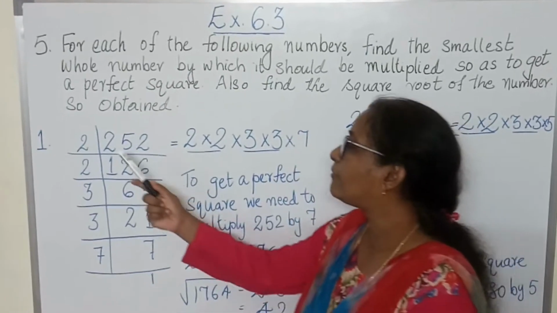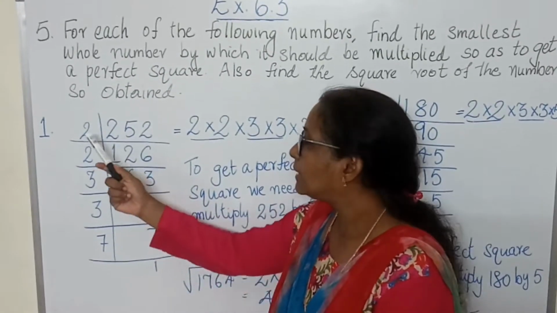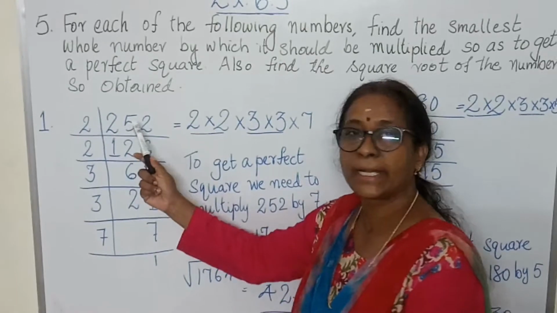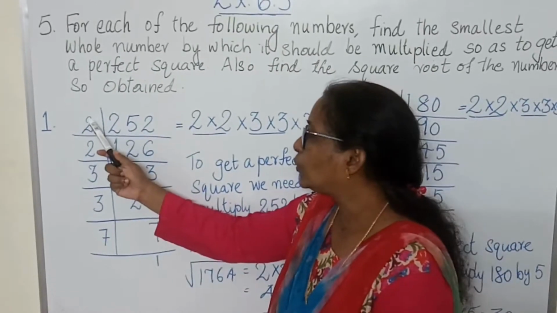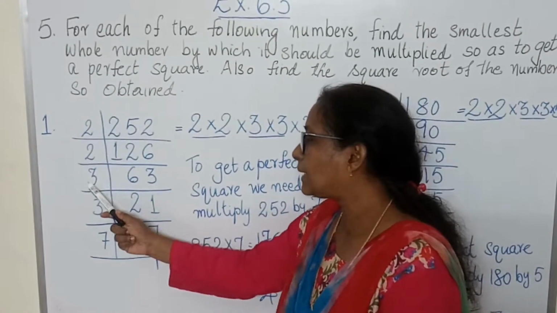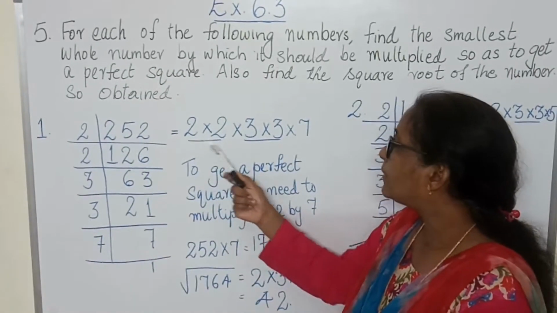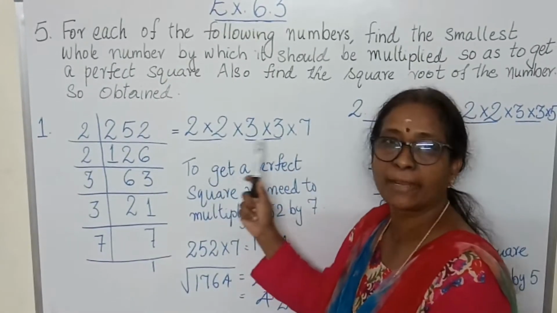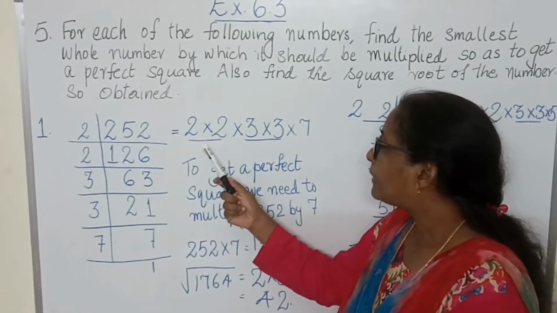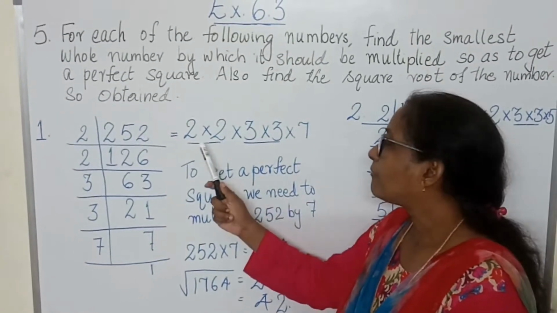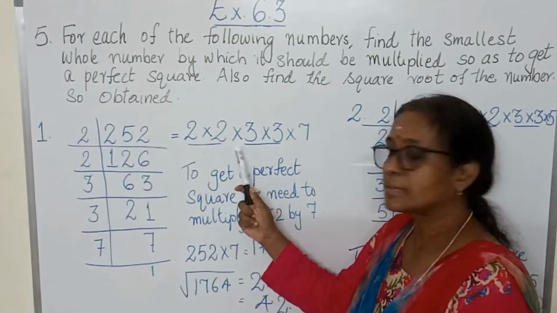You see here, first we prime factorized it. The prime factors of 252 are 2 multiplied by 2 multiplied by 3 multiplied by 3 multiplied by 7. So, we have to write all the prime factors here. After writing the prime factors, we make pairs.